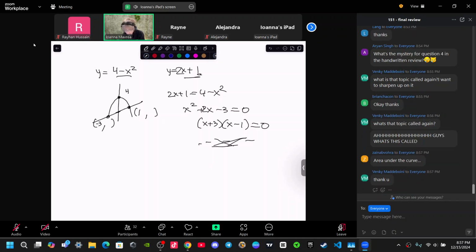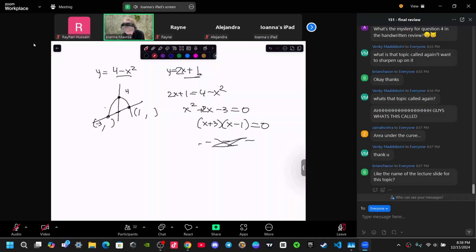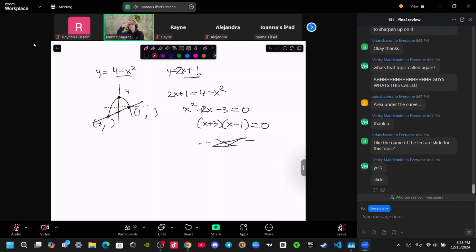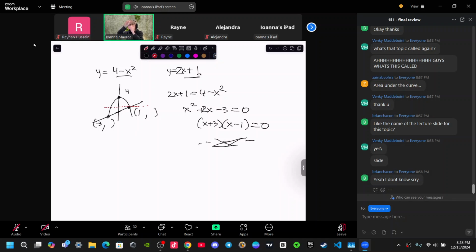So again, you're going to be asked to find the area. If you were to evaluate with vertical line segments, that is line segments whose length goes up and down, the width of the line segments, the fatness of it, goes left and right.